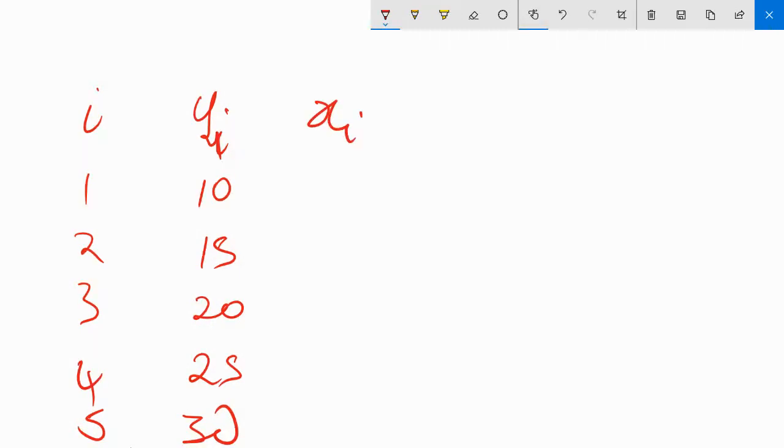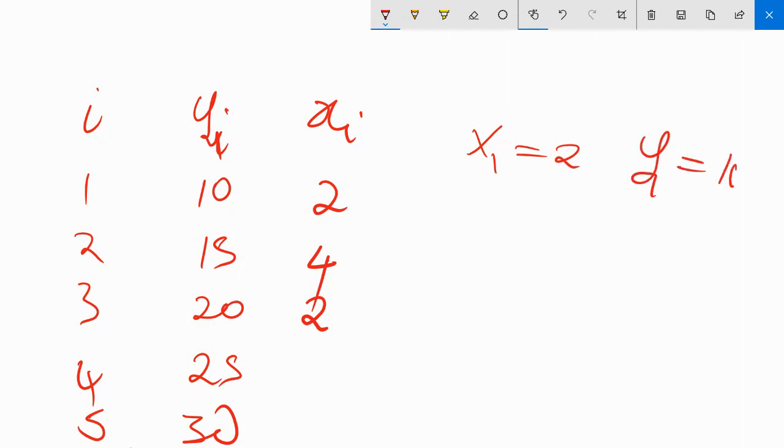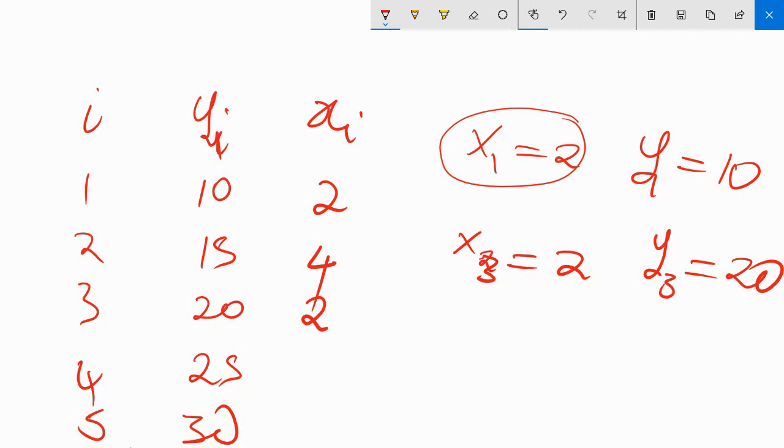So Xi, let's say this is 2, and we have 4, then we have 2 again. That is the replication we are talking about. For X1 we have 2 and Y1 is equal to 10. Again for X3 the value is 2, but the value of Y is not the same as this one, because when X is equal to 2, we substitute 2 into the model. Remember, our model is like this.